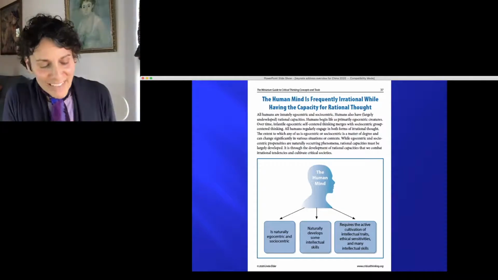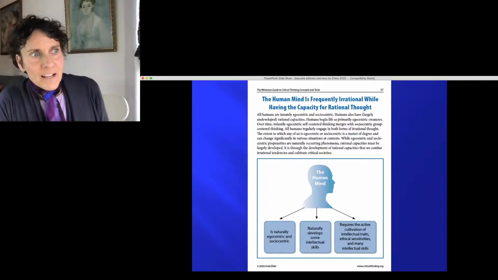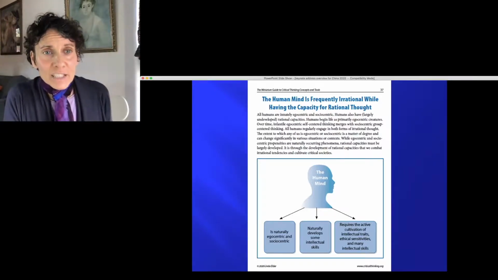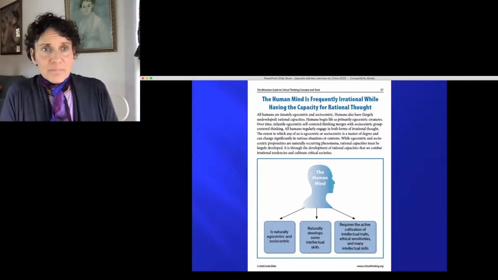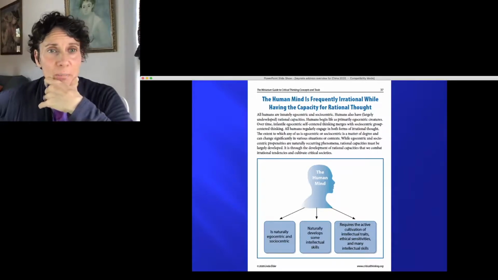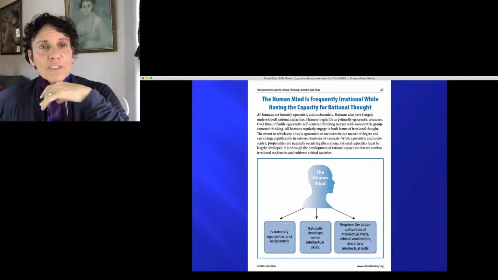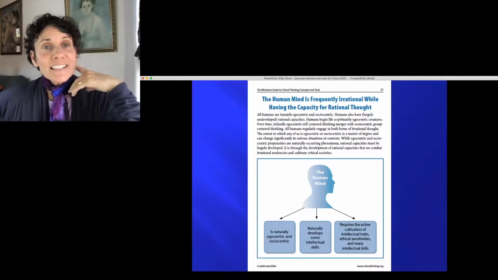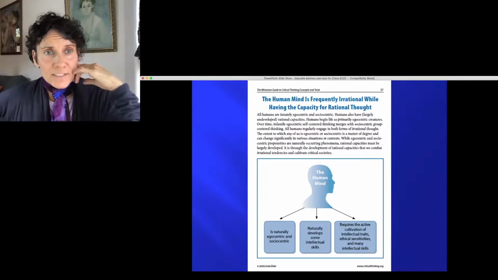So, selfishness or rigidity of mind, closed-mindedness, bigotry, prejudice, bias, all of those happen in the minds of humans. All of us engage in these.